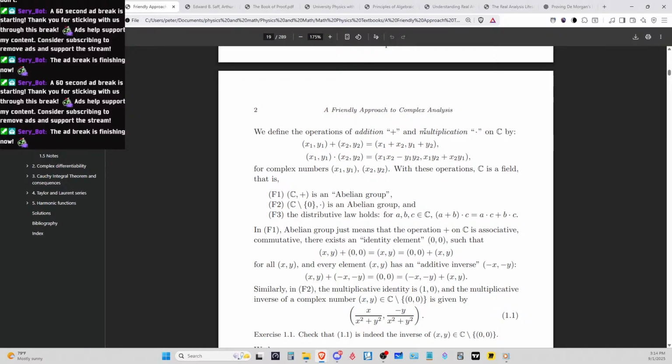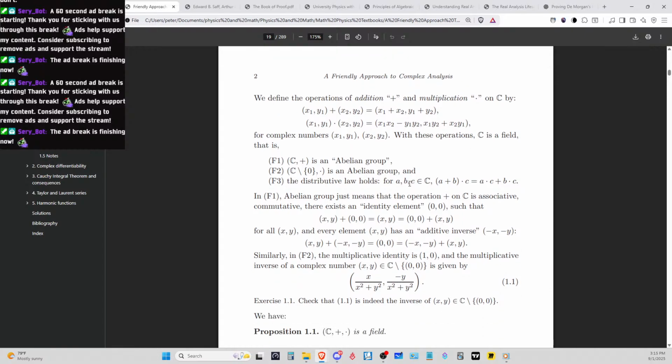Product of these two. Okay, Abelian group. So the complex numbers without the set 0 under multiplication.